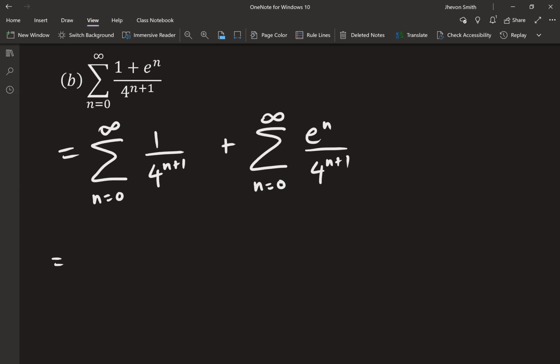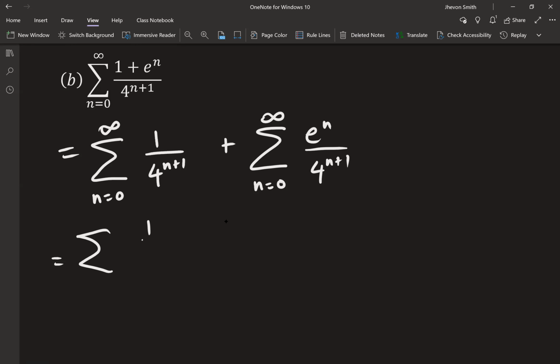Remember, in order to apply the formula for the geometric series, I have to write it in the specific form to identify the A and the R. Because I start from n equals 0, I want this to look like a constant times some other constant raised to the nth power. Here I have the 4 raised to the n plus 1 power, so that's automatically something I'm going to want to fix.